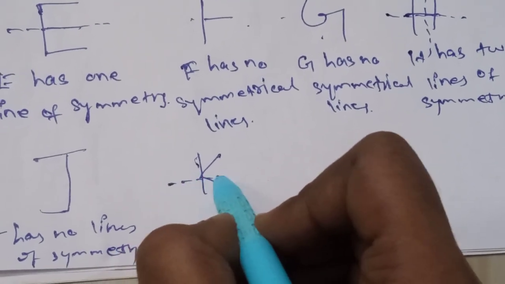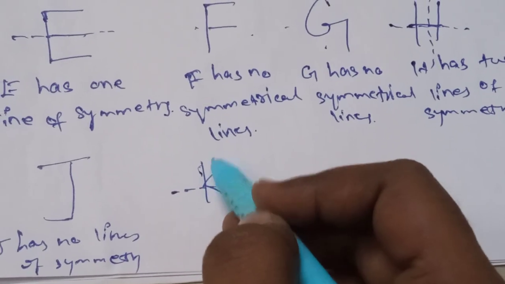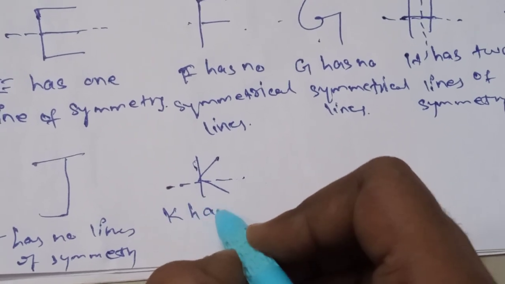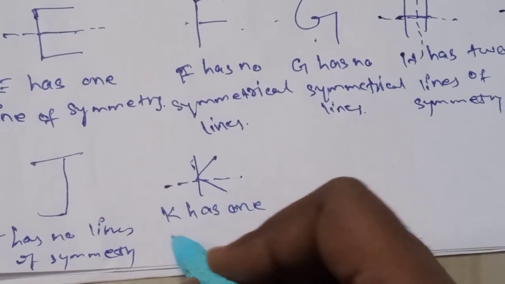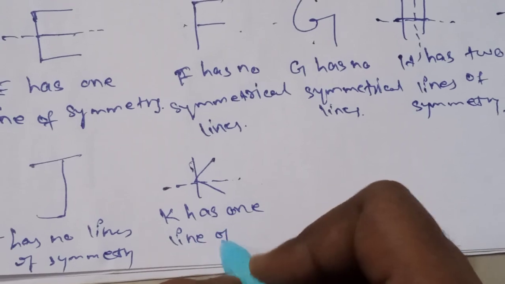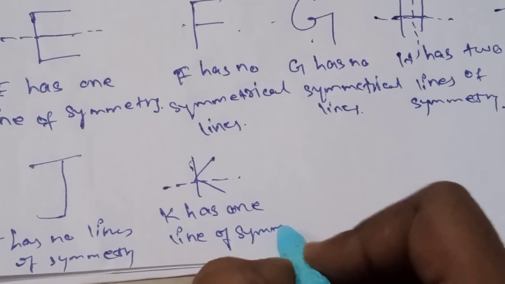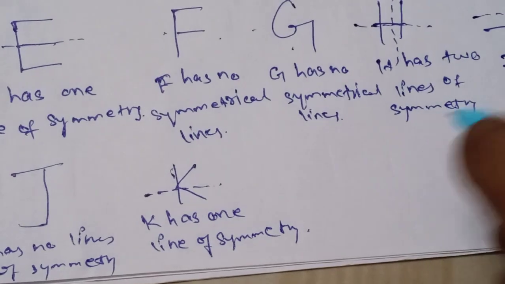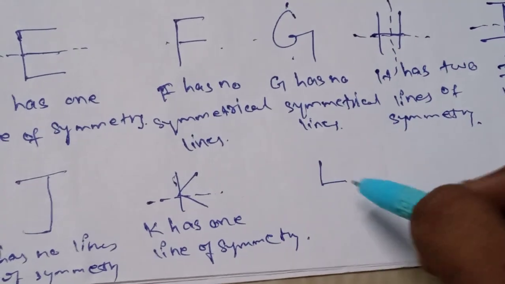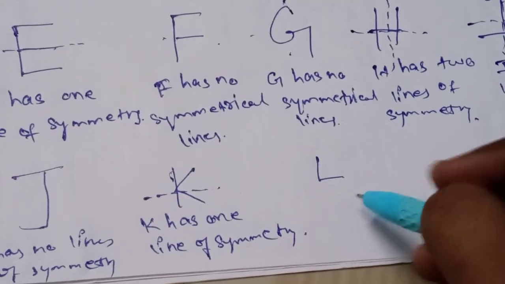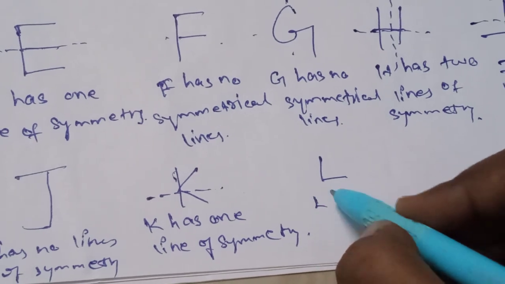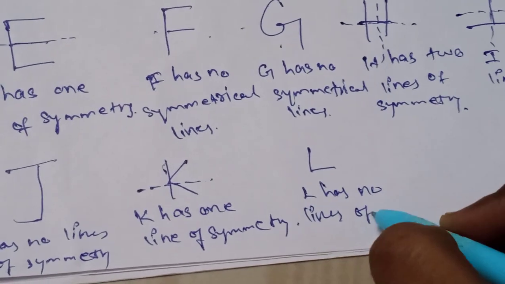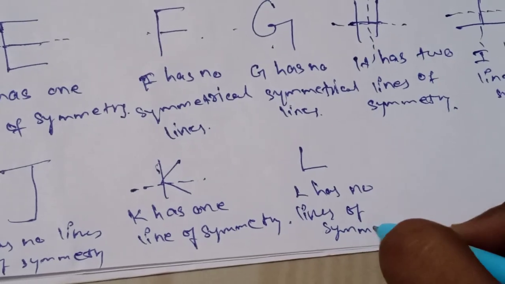So we can divide it by center line. We cannot divide it by this way or any other way. So K has one line of symmetry. Next L. Does L have any lines of symmetry? No. So L has no lines of symmetry.